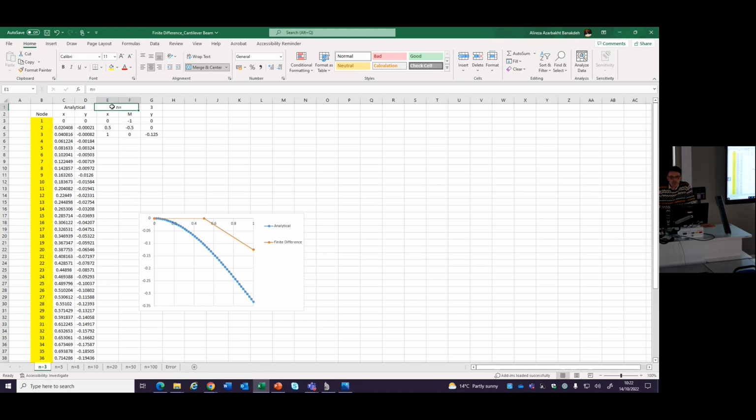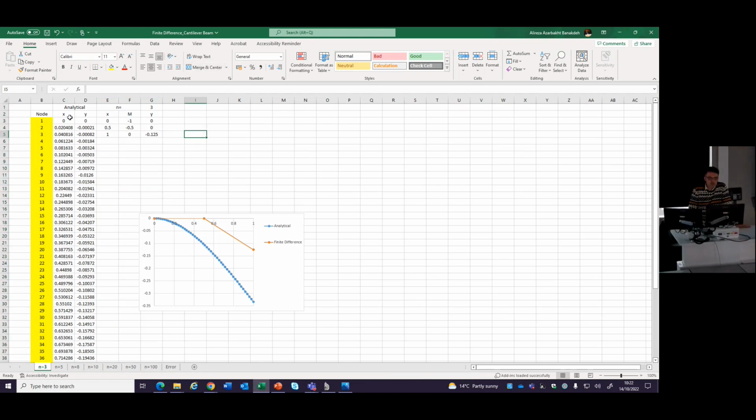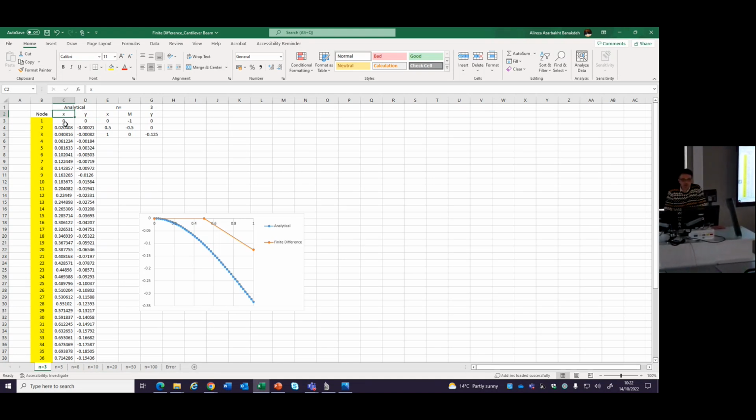The analytical solution and the finite difference solution. This is the analytical solution, this is the finite difference solution. How? The analytical solution is X and Y. For the analytical solution, I just used all the 50 points to have a very smooth curve.